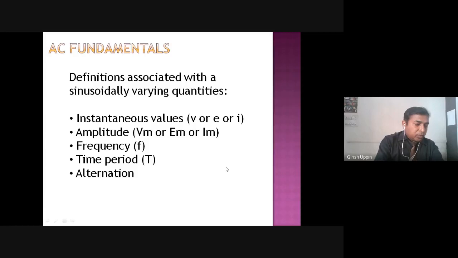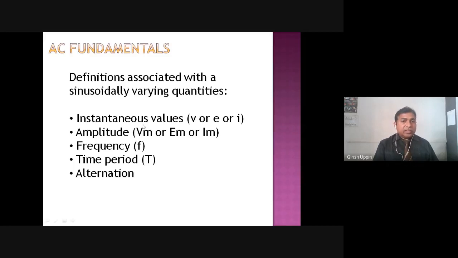So these are some of the definitions associated with sinusoidally varying quantities. Whenever we talk about any sinusoidal voltage or current, we have to understand what the instantaneous value is, what the amplitude is, what the frequency is, what the time period is, and what the alternation is.